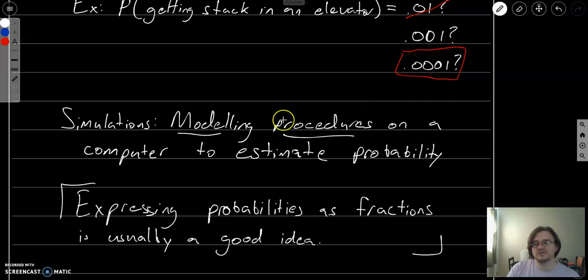One of the drawbacks is that we'll have to assume that we understand the procedure well enough to be able to program it into a computer, but we don't understand the procedure well enough to be able to calculate a probability. So we have to be able to plug it into a computer so that the computer can handle estimating the probability of an event occurring when running this procedure.